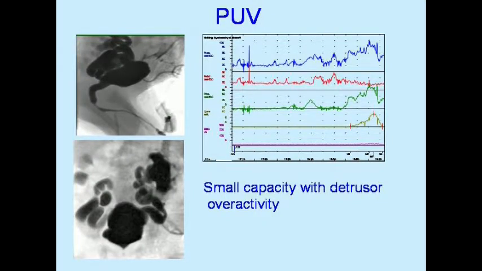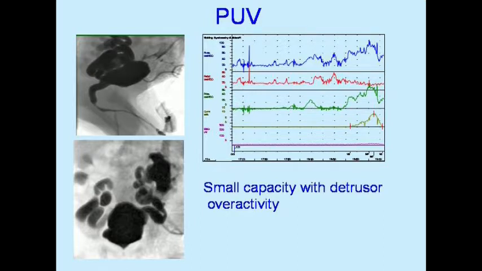This was a little boy who had a vesicoamniotic shunt put in prenatally for bilateral hydroureteronephrosis and an incompletely emptying bladder. Postnatally, the diagnosis was confirmed, and he had a classical appearance of posterior urethral valves.